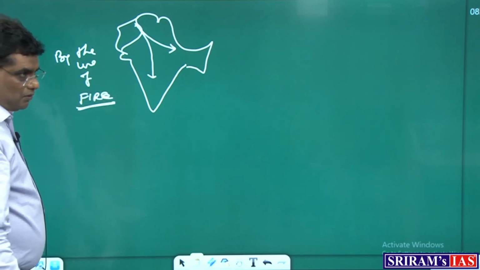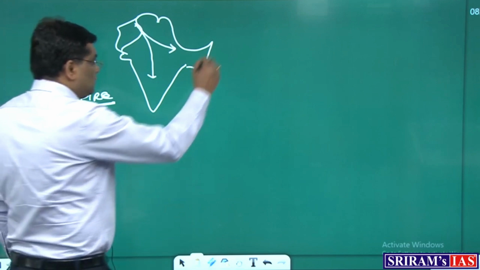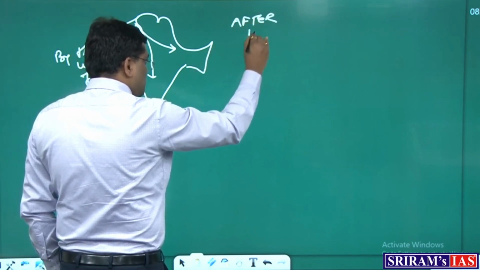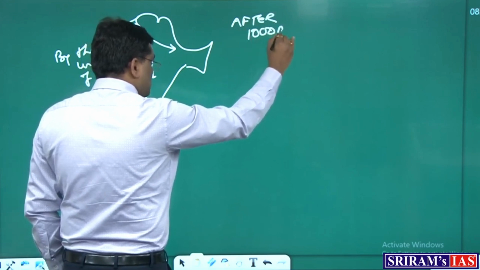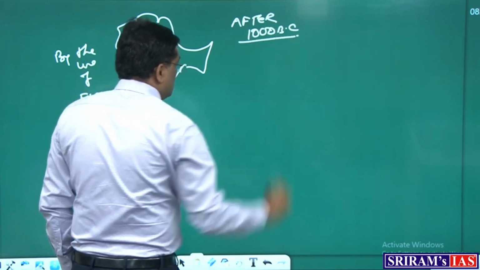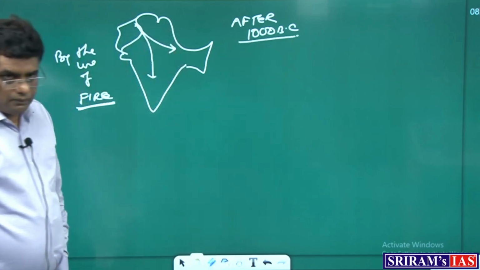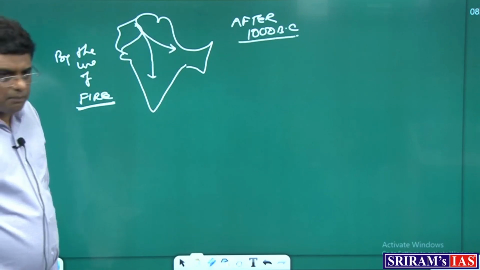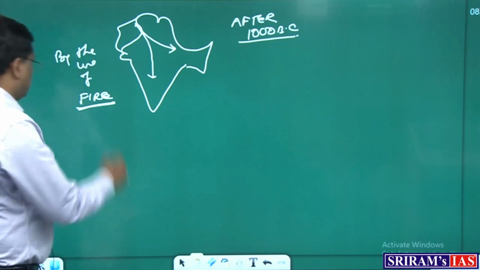So after 1000 BC, the eastward expansion of the Aryans and southward expansion of the Aryans became possible by the use of fire.